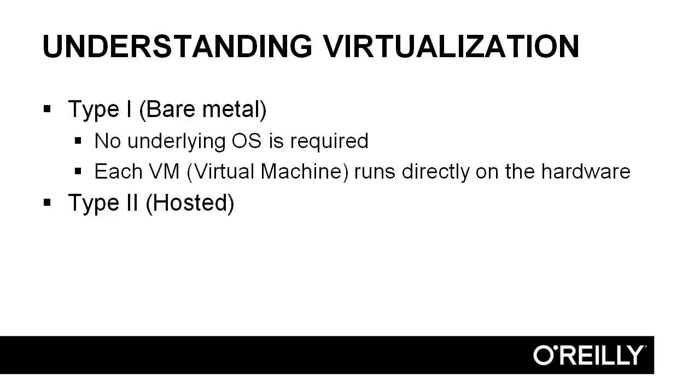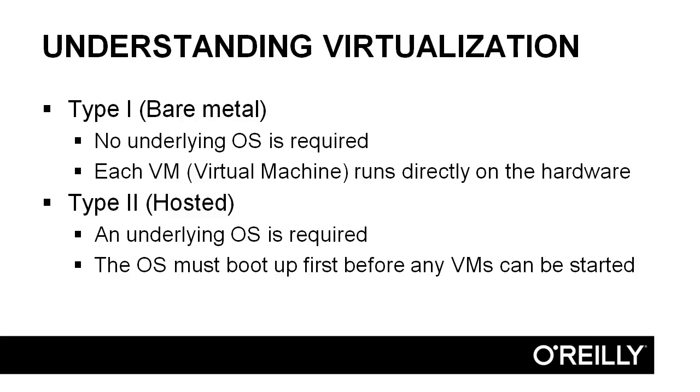A type 2 virtualization environment would be a hosted environment. This is where you do have to have an underlying operating system, or OS, but then once you have that, you can load the virtualization software and then start to create virtual machines and install operating systems into those. A good example of a type 2 would be VMware Workstation on the PC side, Fusion on the Mac side, Sun's VirtualBox.